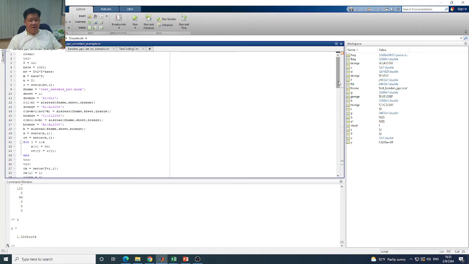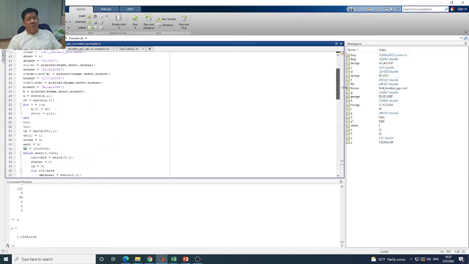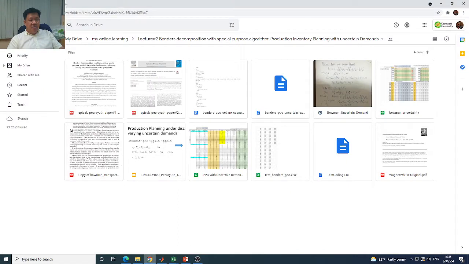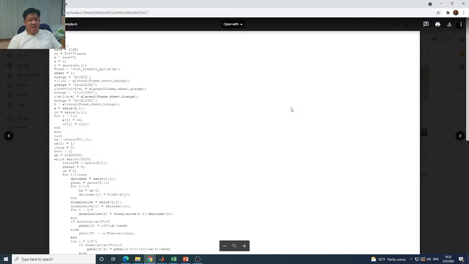I already illustrated that we get the same optimal solution. But last time we didn't explain much of the detail of the code, so this time we're going to spend some time to investigate and look at the detail of the code.